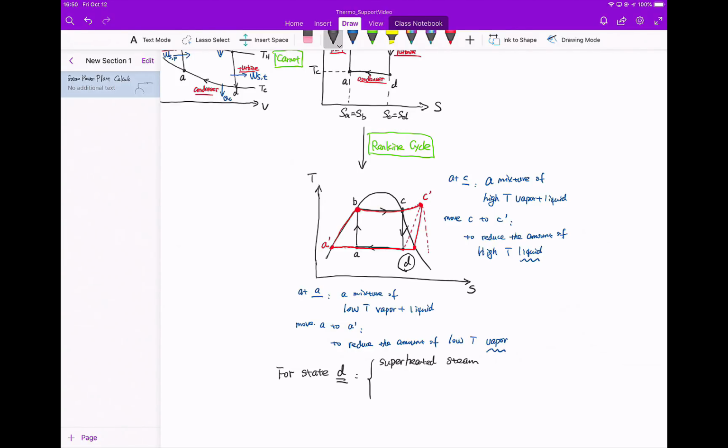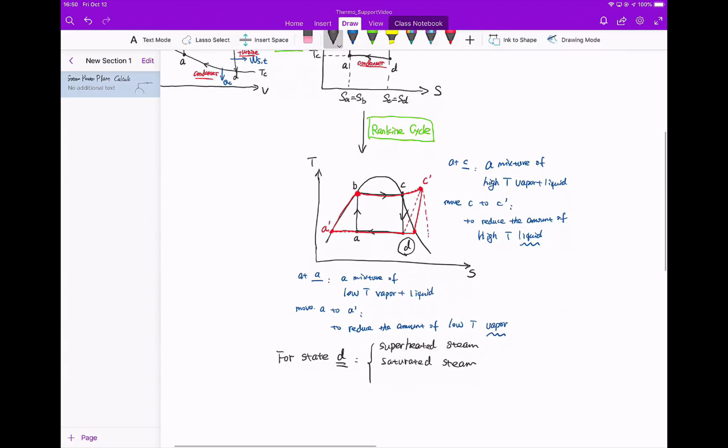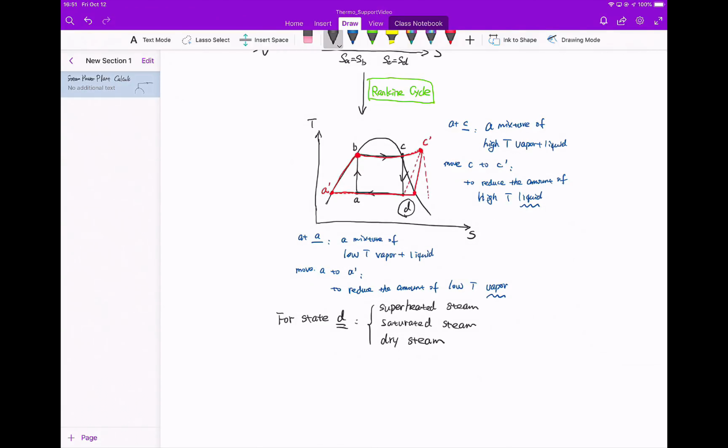We could have a saturated steam, or we sometimes call this a dry steam. So the difference would be for the superheated, of course, this is vapor. For the saturated, this is vapor plus liquid.